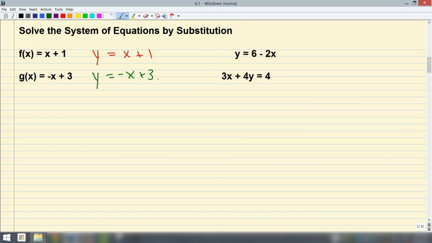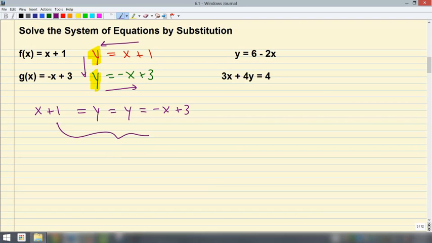And what we just talked about was saying that the y coordinates are the same. So you could write x plus 1 equals y, which equals negative x plus 3. This equals that equals this equals that.